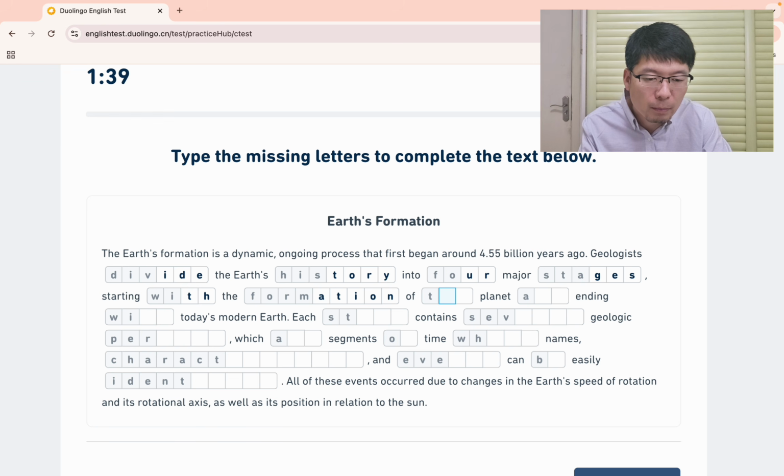Formation of the planet and ending with today's modern Earth.